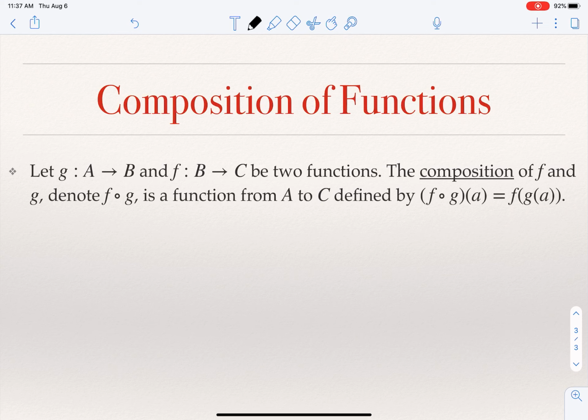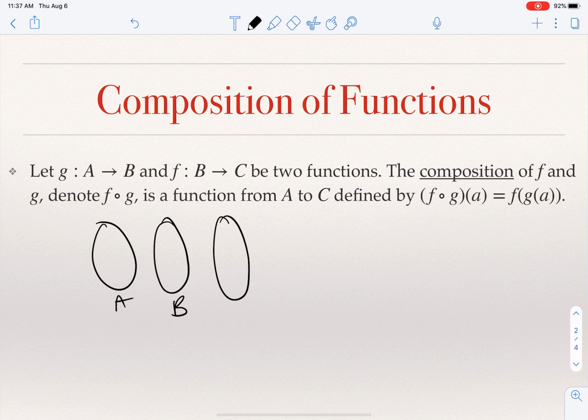So in this case, we have A, we have B, and we have C here. G is mapping A to B, something like this.